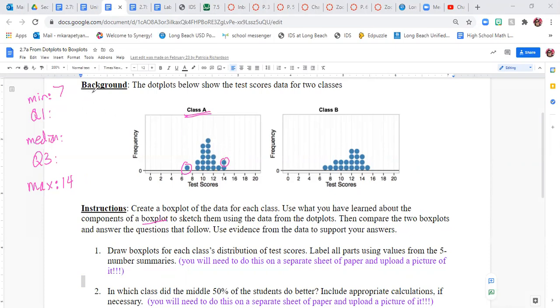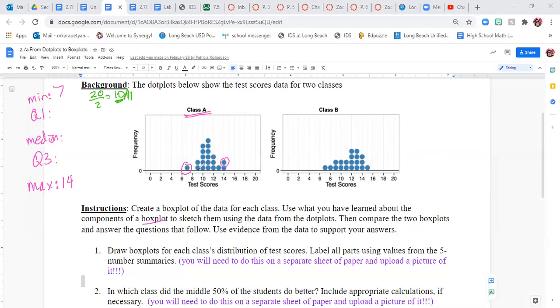So how do we find our median? We take 20 and cut it in half to see the halfway mark, and that's 10. That's a whole number. What that means is that this is going to be split into 2 groups of 10, so my median is going to fall between the 10th and 11th values.